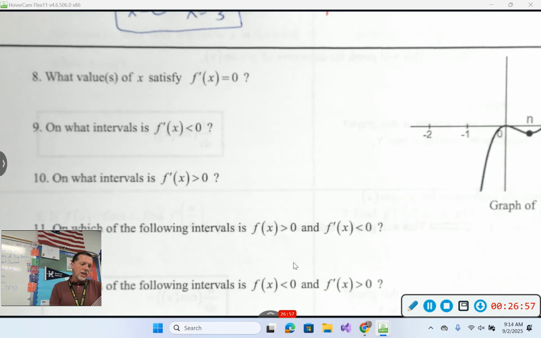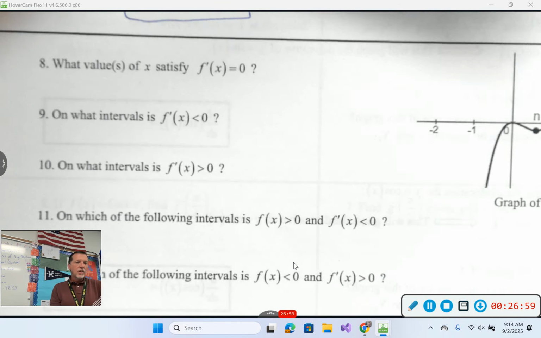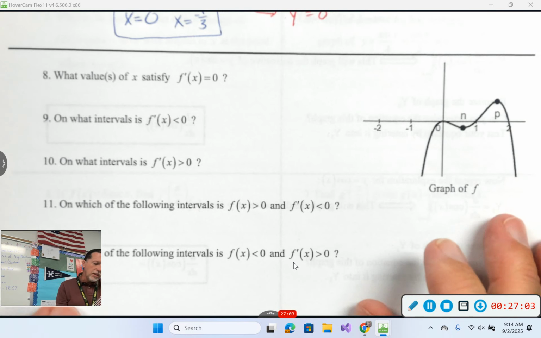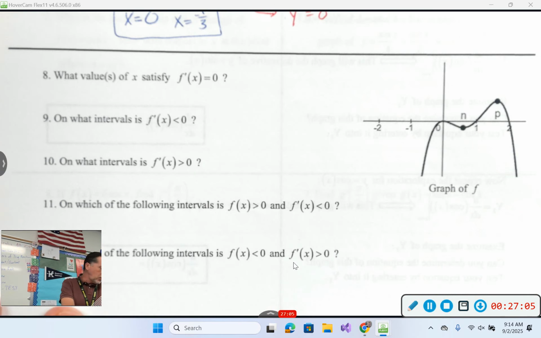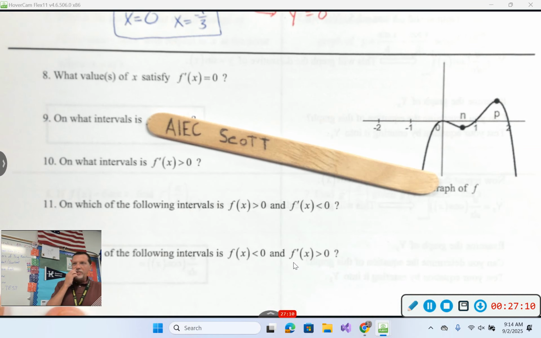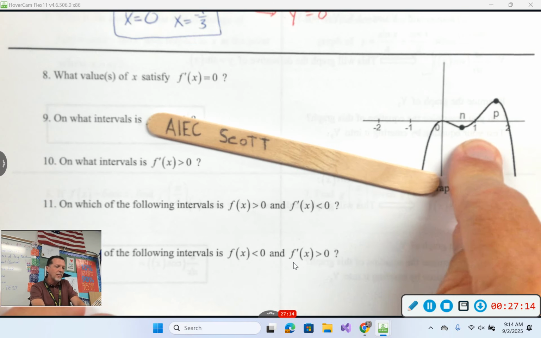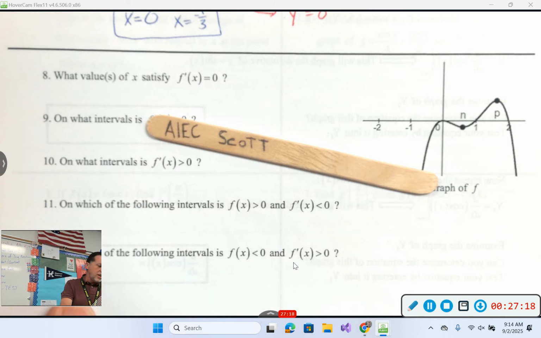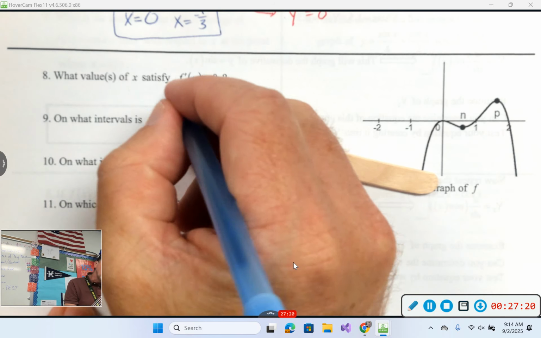Not much time left, but these are quick questions. What value of x satisfy f prime equals 0? Well, this matches pretty close to what we just did. Alec, put you on the spot. I've not done a question quite like this. Looking at that graph, where is the derivative 0? What's another word for derivative?